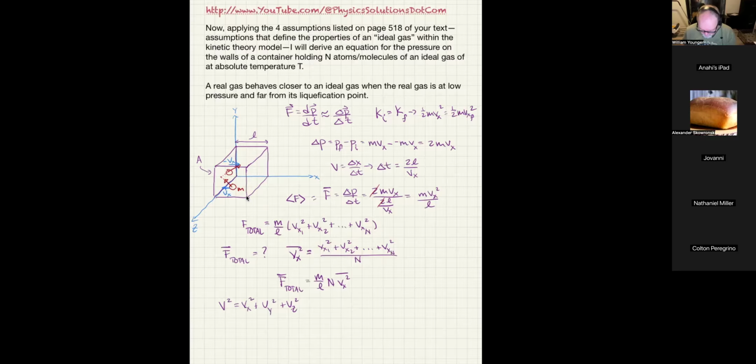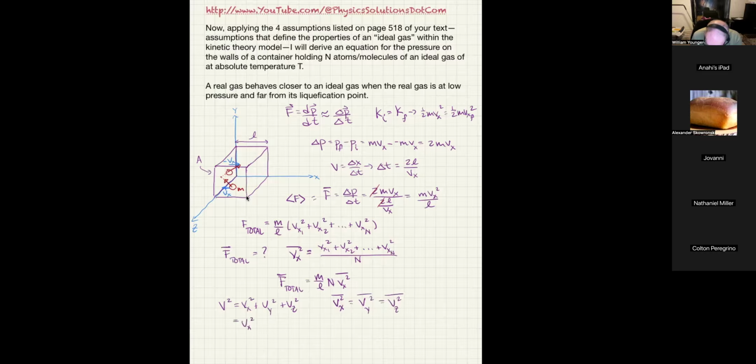So we can use our understanding of statistics to say that the average of the square of the x velocity is equal to the average of the square of the y component of velocity, and that's equal to the average of the square of the z component of velocity. So what I'm going to do is replace all these other ones with Vx squared.